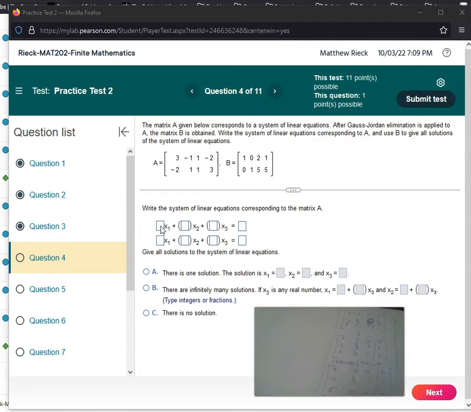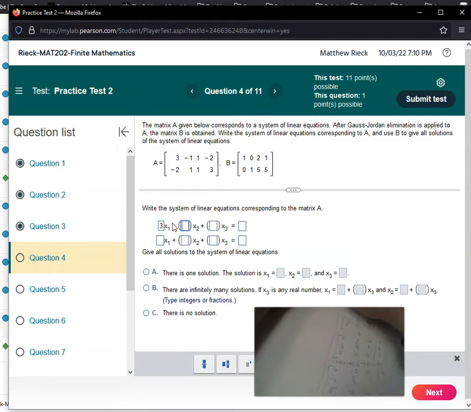So my matrix is going to be 3, negative 1, 1, negative 2. Again, this is the matrix corresponding to A here. And 3. So most of the time when you have more variables than you have equations, you end up with an infinite number of solutions there.